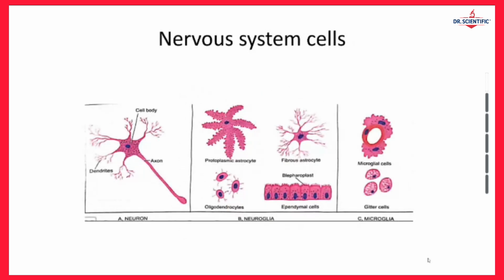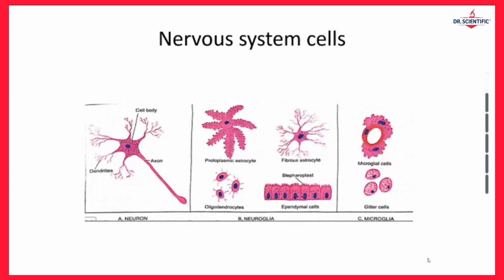And of course, we talked about the nervous system cells, and I think we talked about this in Anatomy 1, where we have neurons, and then we have the neuroglia, the glial cells. Basically, the glial cells mostly form the connective tissue. When you look at the microglia, that is mainly part of the defense mechanism of the body.